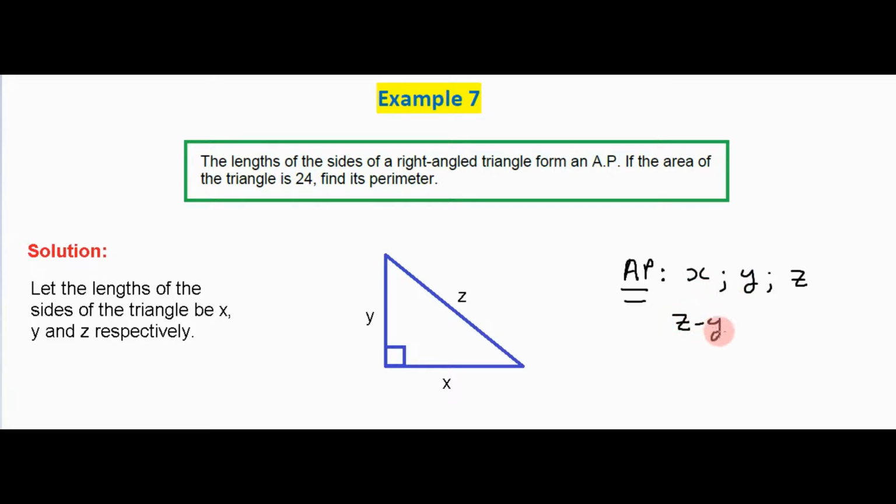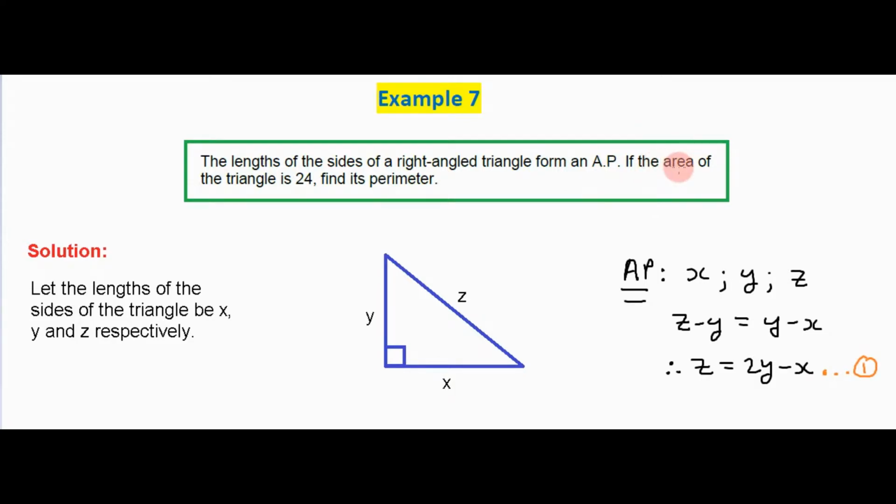So z minus y, term 3 less term 2, must equal term 2 less term 1. We can make z the subject in this equation. So z will equal 2y minus x. And this we can call equation 1.